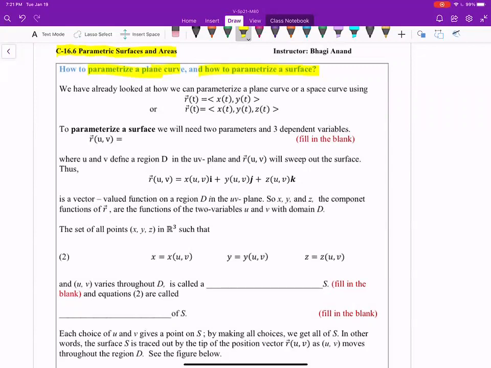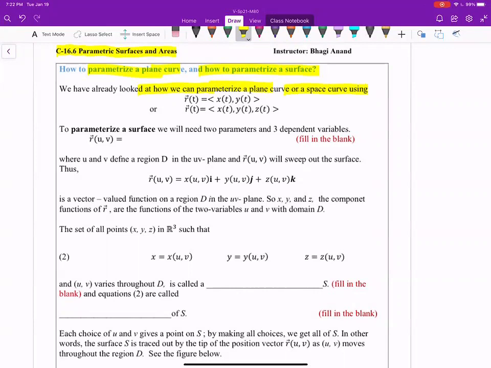We have already seen how to parameterize a plane curve in Calculus 2 and also in chapter 13. Now we'll see one more time. We have already looked at how we can parameterize a plane curve or a space curve using r of t equal to x of t, y of t, which is a plane curve.